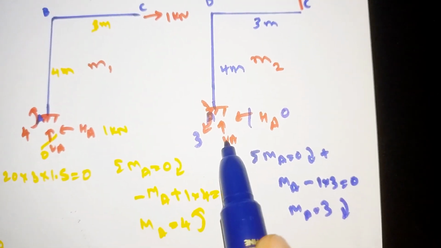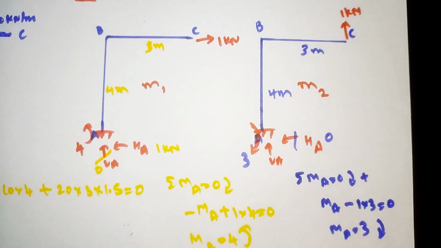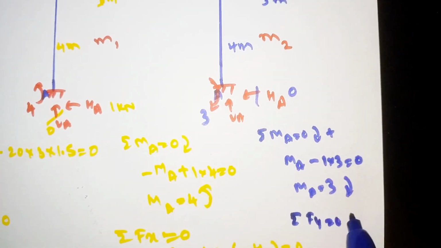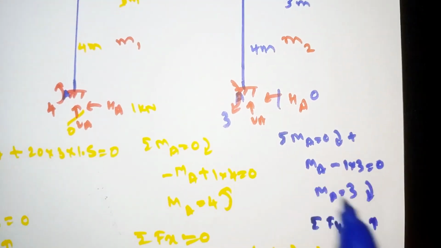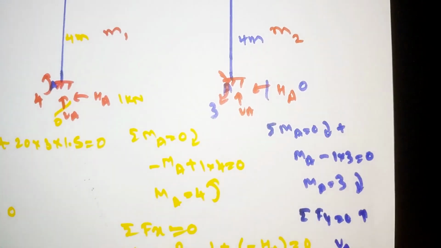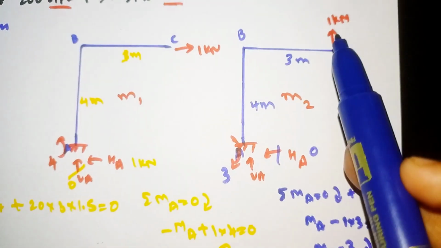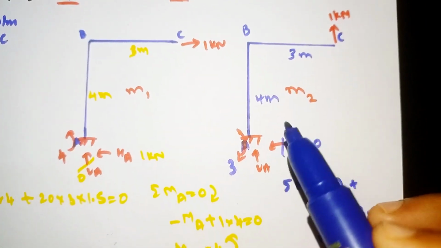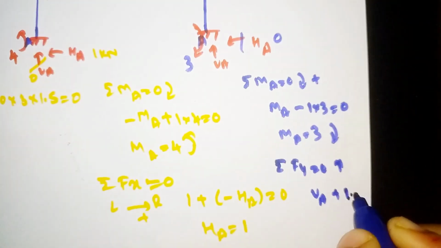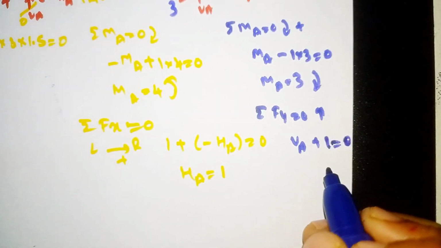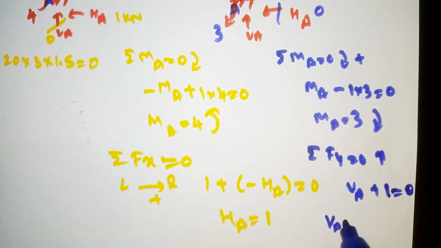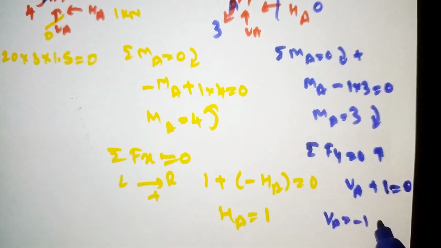Here there are no horizontal forces, so HA becomes 0. For vertical, summation of all the vertical forces is equal to 0. Upward we need to take as positive. VA is moving upward. VA plus, here the 1 kilonewton is also moving upward, so minus 1. Are there any other upward vertical forces? No. This is equal to 0. So now solve it. Our VA will come out as minus 1 kilonewton.